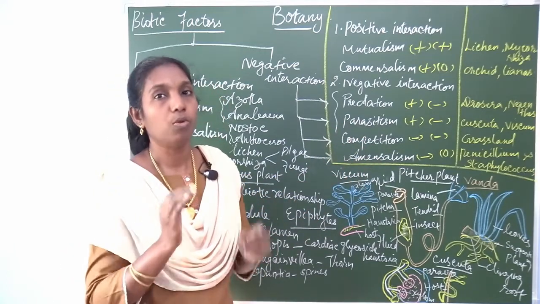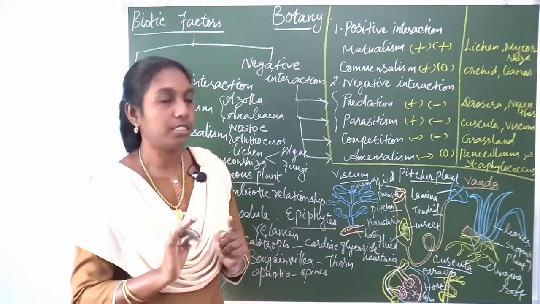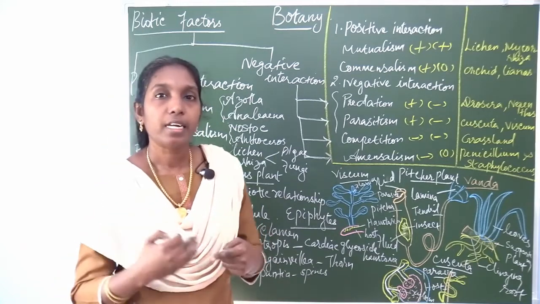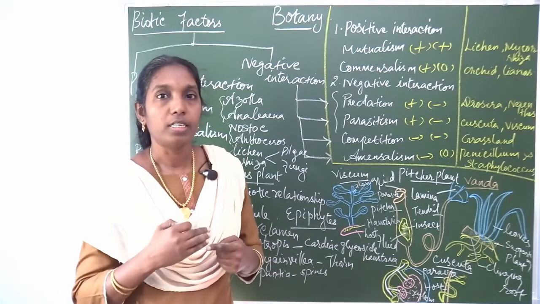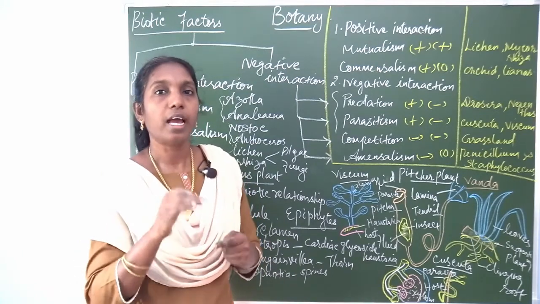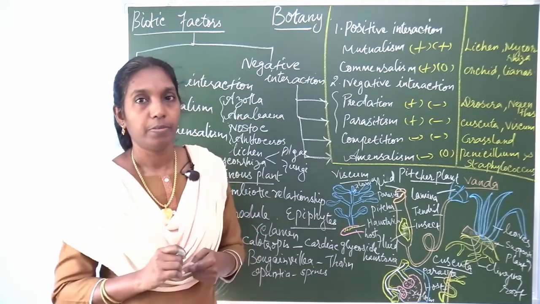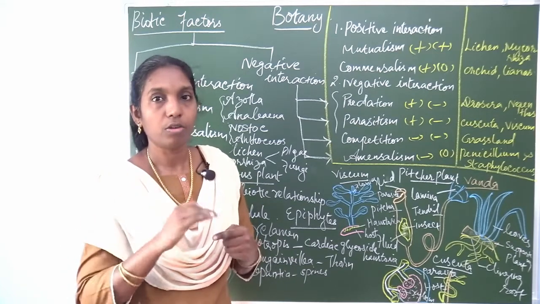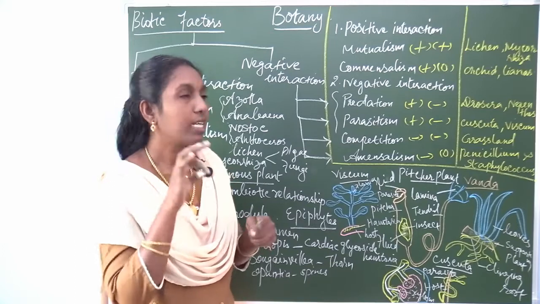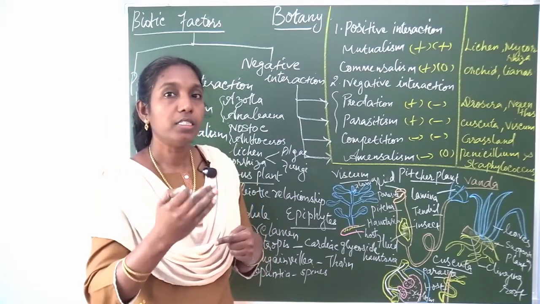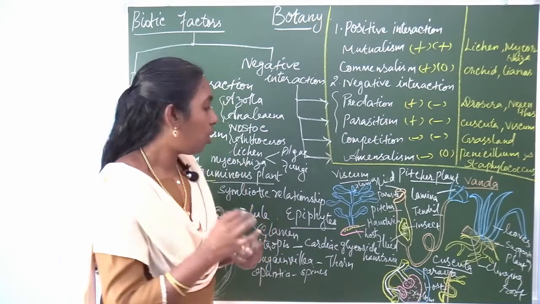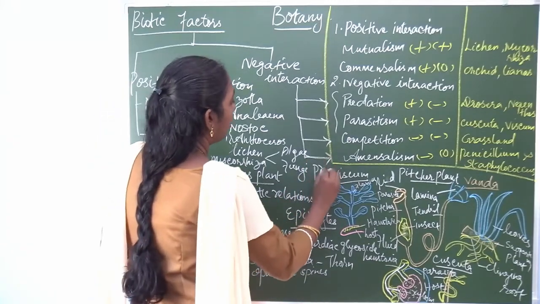What is meant by predation? Predation is the interaction between two organisms in which one organism kills and eats the other. So one will die. The one who kills is called the predator, and the one killed is called the prey, P-R-E-Y.